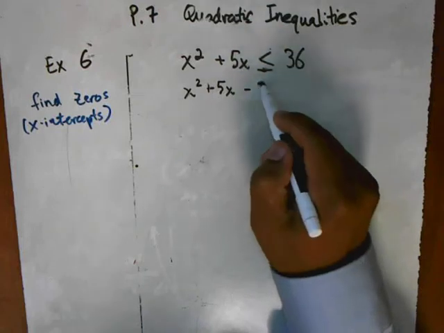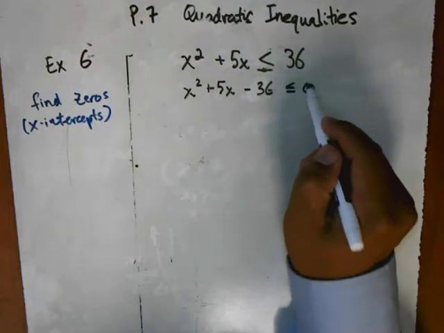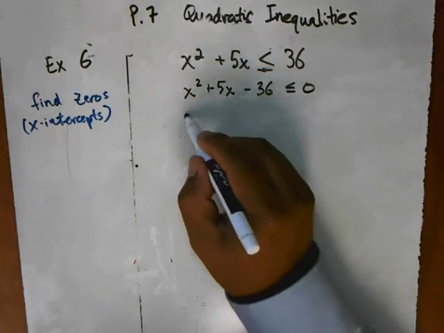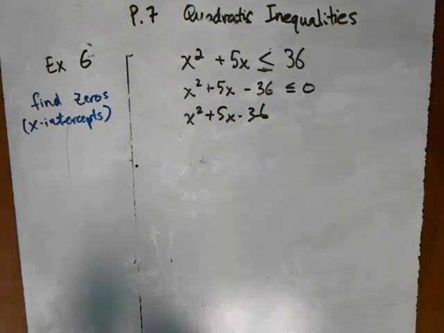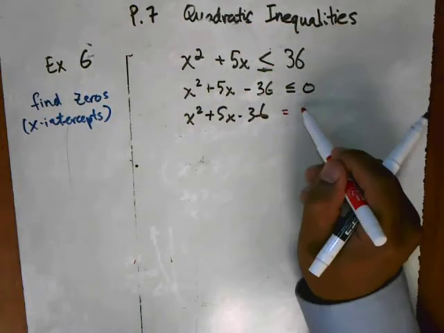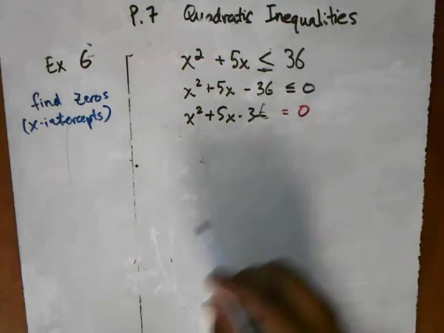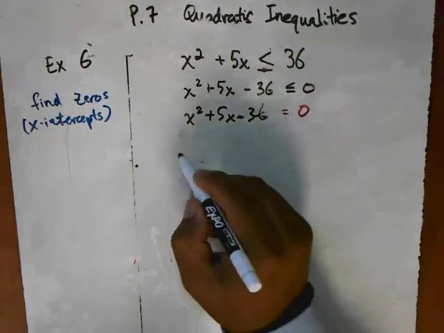And I get x squared plus 5x minus 36 is less than or equal to 0. And then to find the x-intercepts, that's when we set this equal to 0. So x squared plus 5x minus 36 is equal to 0. And let's find these x-intercepts. We are lucky once again that this problem can be factored. So let's factor it.